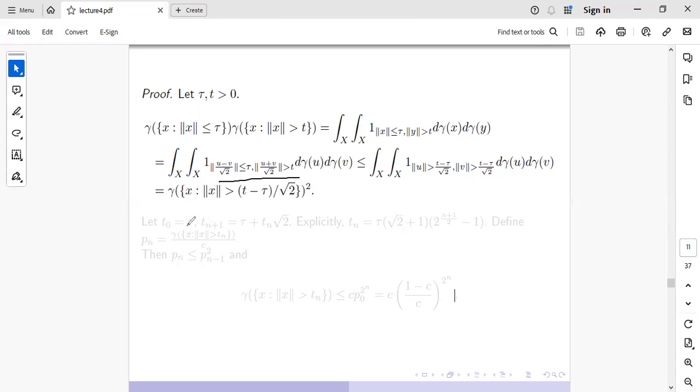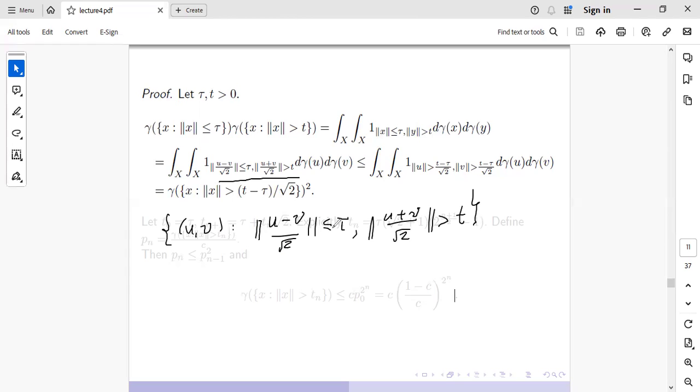So this will be the set of all vectors u, v such that the norm of (u minus v) over root of 2 is less or equal to tau, and the norm of (u plus v) over root of 2 is bigger than t.